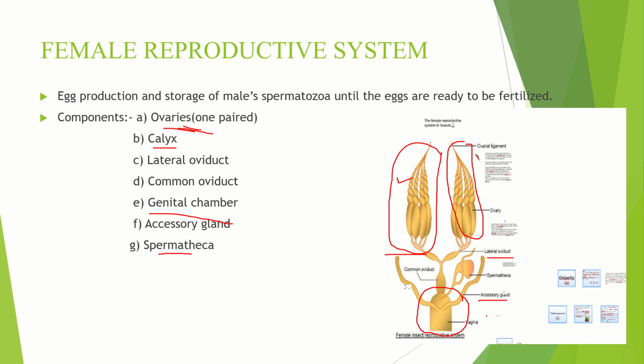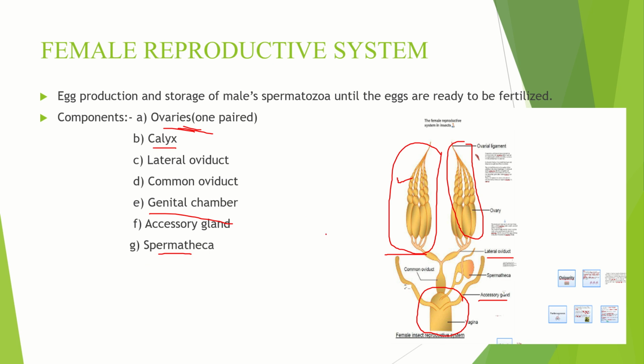Examples are egg case production of the mantis, and of the cockroach, called ootheca, and venom production of the honeybee.